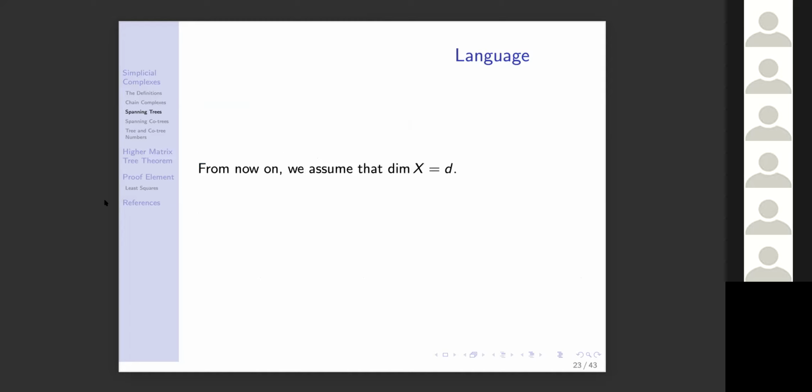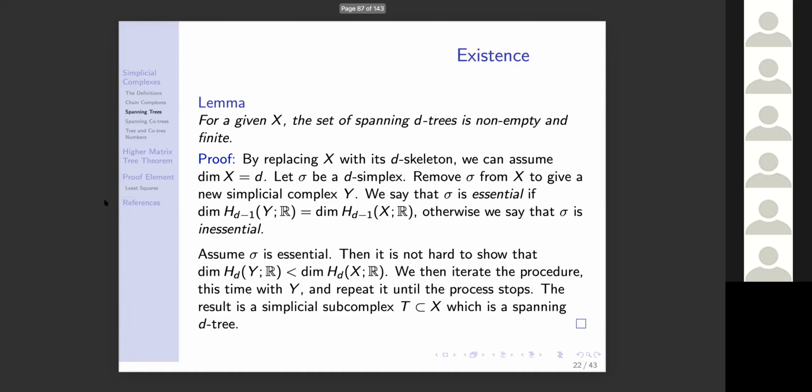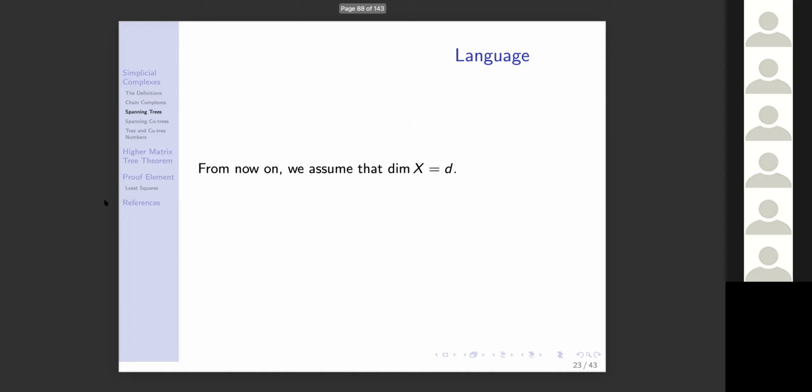Okay, so from now on, if you look at this proof I just gave, I threw away all the higher simplices above dimension D. So we might as well assume from now on in everything I do, it doesn't change anything really, it just makes it simpler to discuss. We may as well assume the dimension of X is actually D itself, the number D itself.